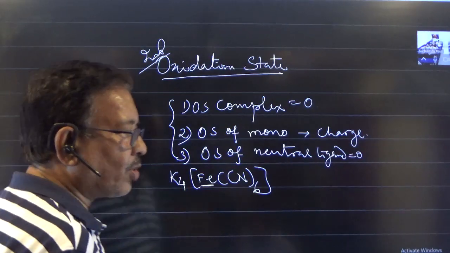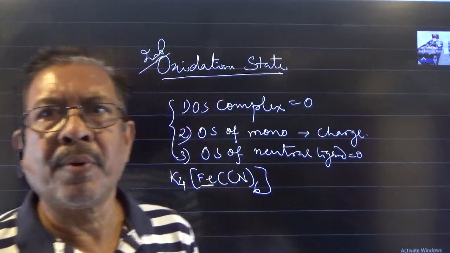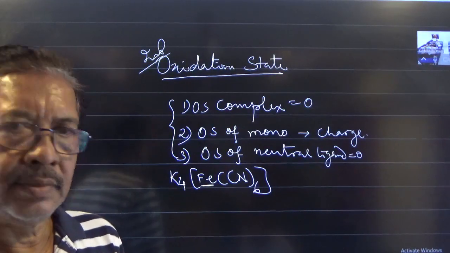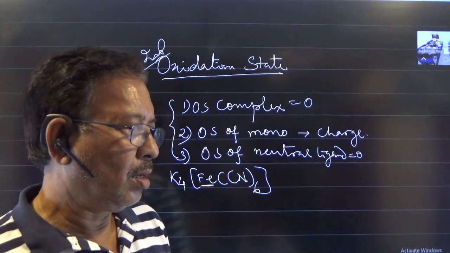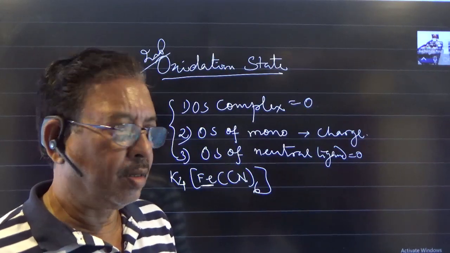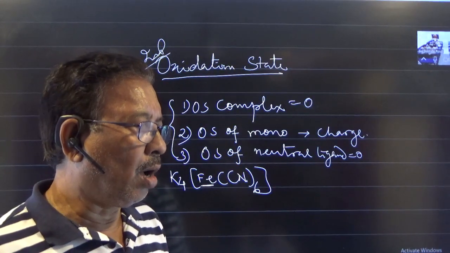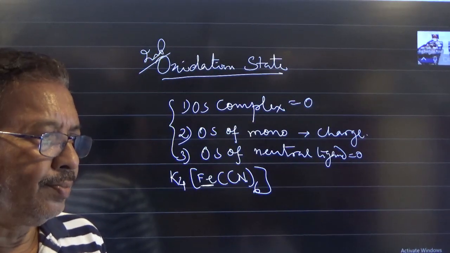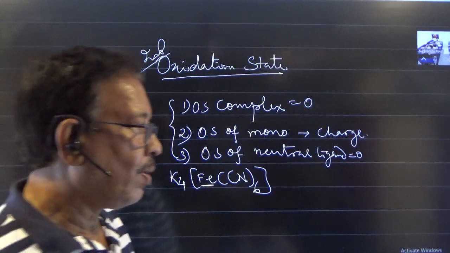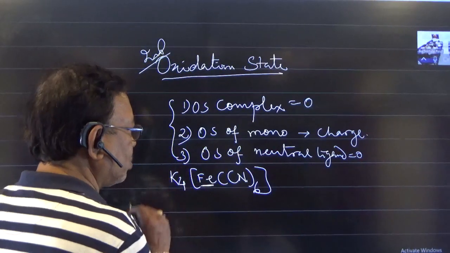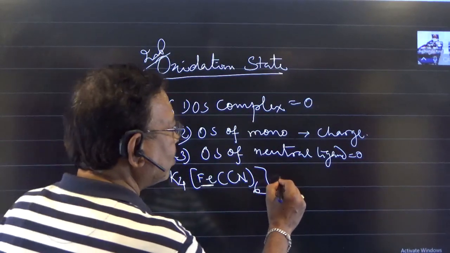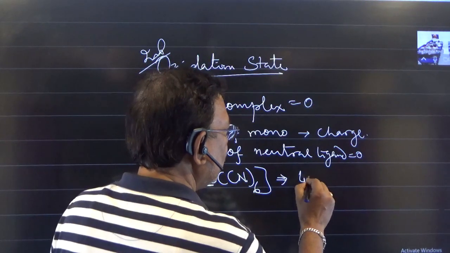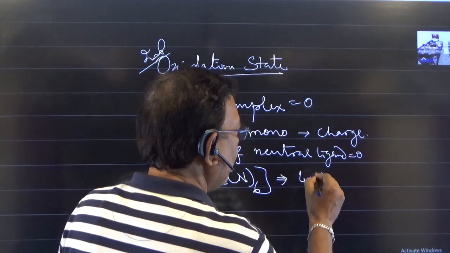So potassium, please tell me, potassium is present in which group of the periodic table? Very good. Oxidation state is +1. So see how I am calculating. This implies 4 into +1.